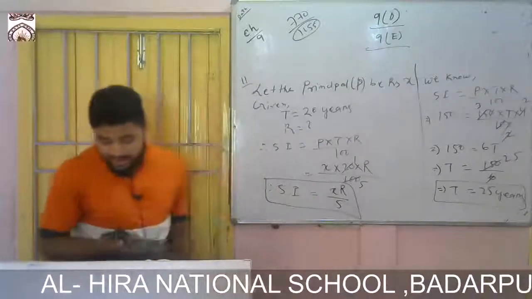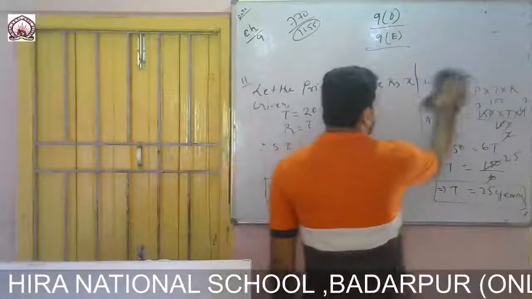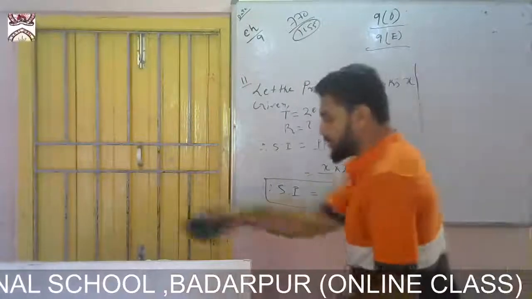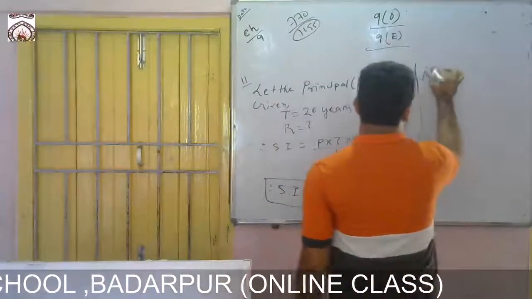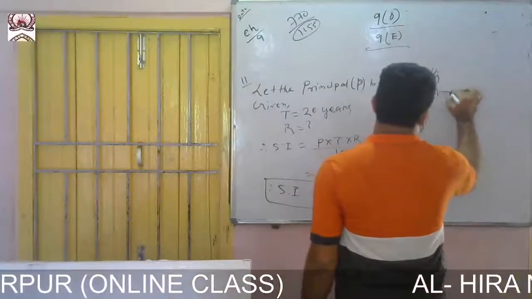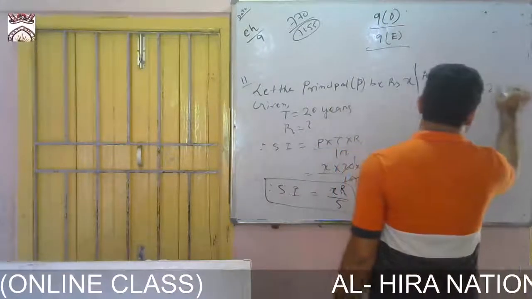Now according to the question, the amount is twice the principal.